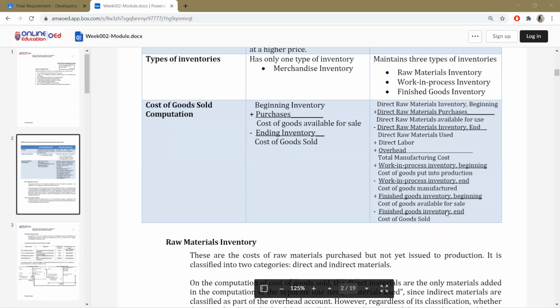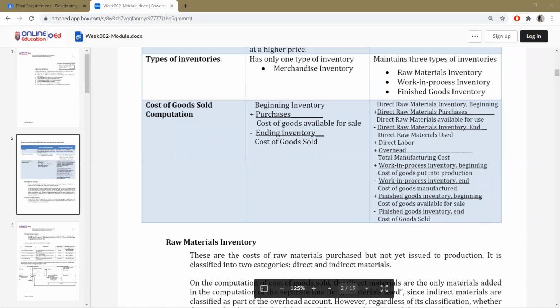Less finished goods inventory end is equal to cost of goods sold. So it is beginning plus purchases minus ending, but then all of them include raw materials, direct labor, and also overhead.